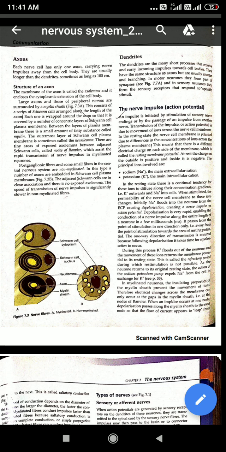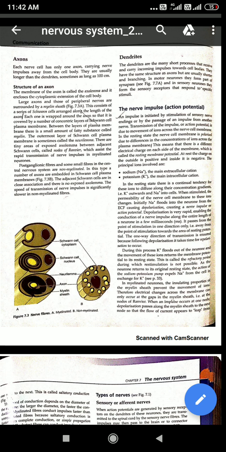Depolarization is a very rapid event in the conduction of the nerve impulse along the entire length of the neuron in a few milliseconds. It passes from the point of stimulation in one direction only, that is, away from the point of stimulation towards the area of resting potential.